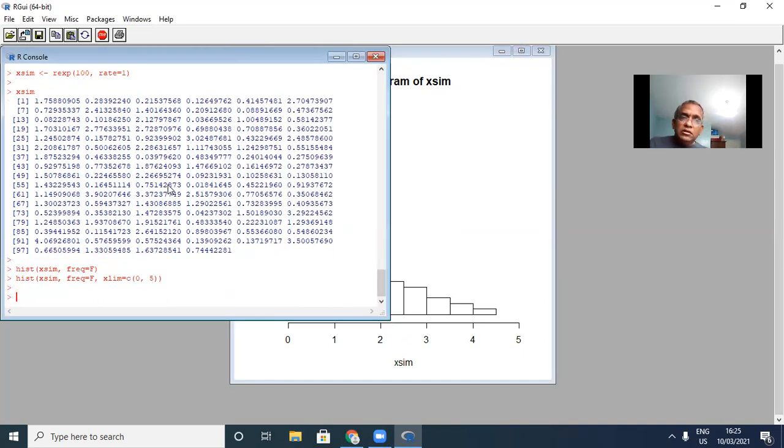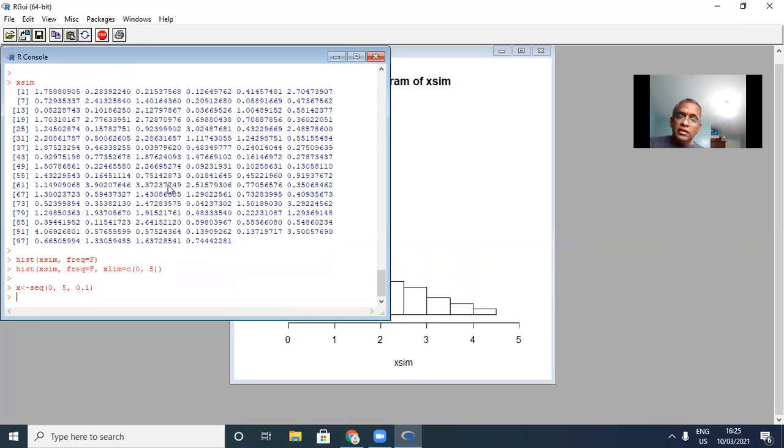Now, the next thing I'm going to do is define x as a sequence from 0 to 5 in steps of 0.1, right? And then define y as the density of the exponential at x with the rate parameter equal to 1.